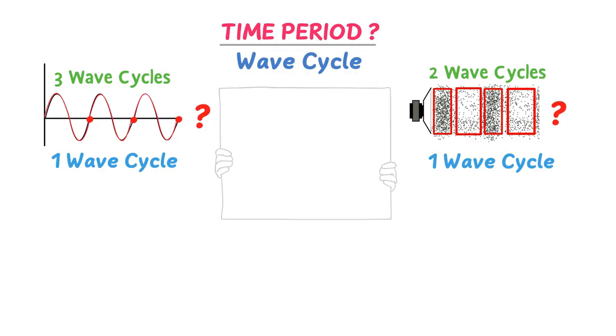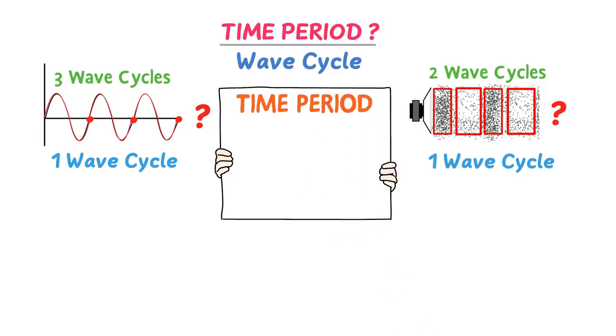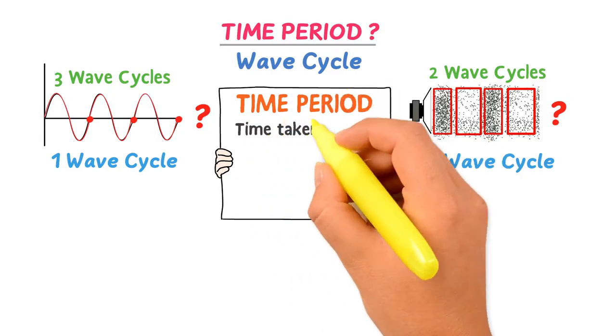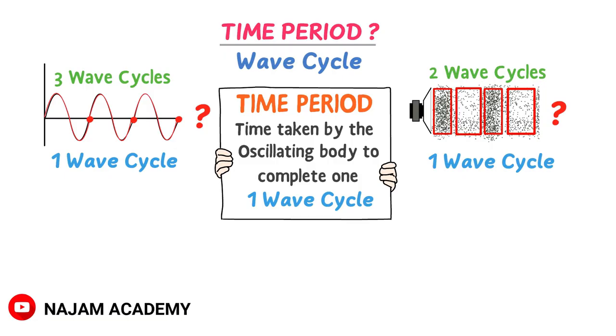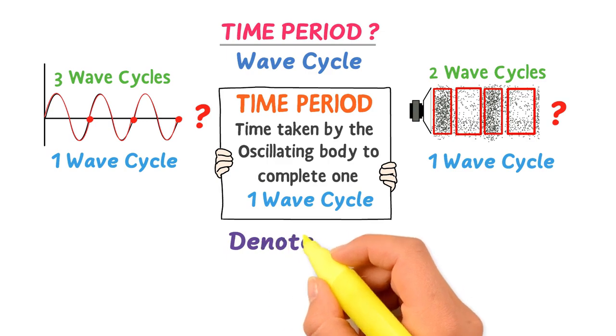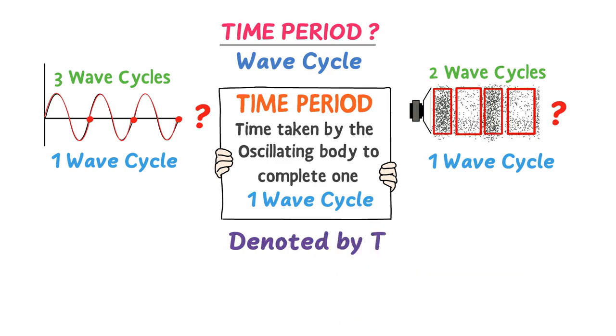Now listen carefully. Time period is defined as the time taken by the oscillating body to complete one wave cycle or one oscillation. Let me repeat it. Time taken by oscillating body to complete one wave cycle or one oscillation is called time period. Time period is denoted by capital T and its SI unit is second.